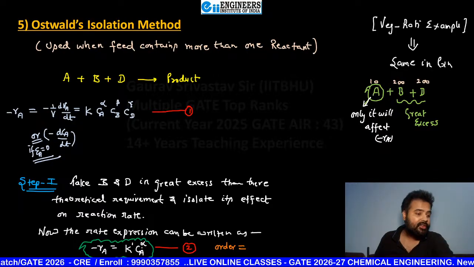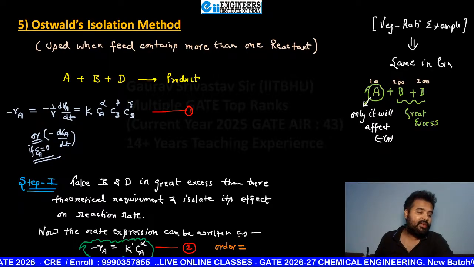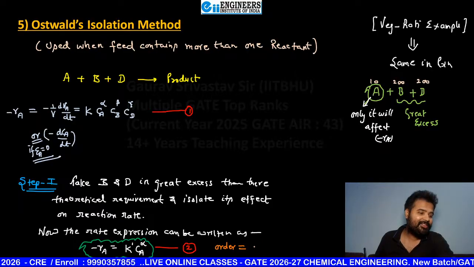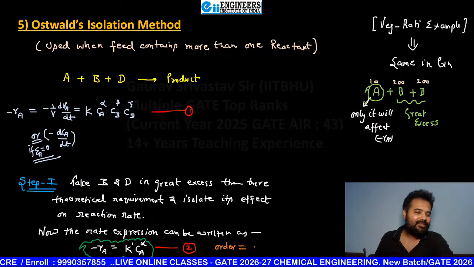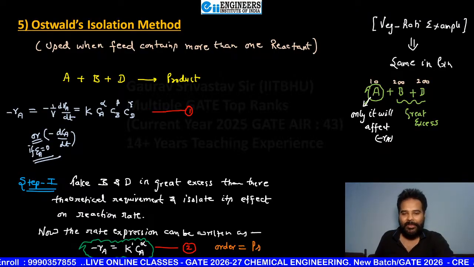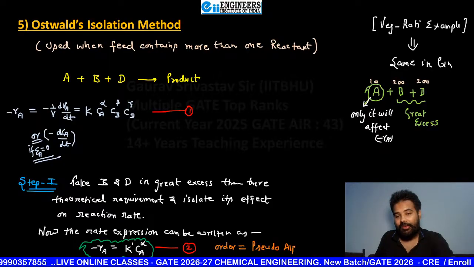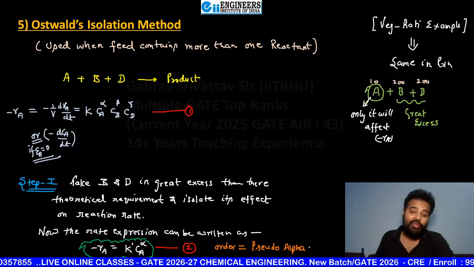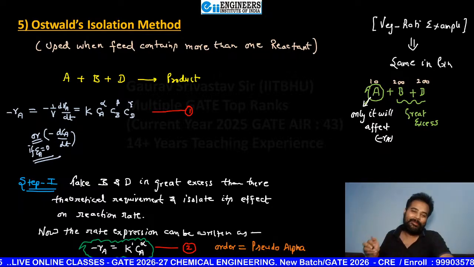But this time the order is alpha. It's not alpha plus beta; this time the order is pseudo alpha. If someone asks you, please tell them it's pseudo alpha, because the order is not truly alpha, but you are feeling like the order is alpha. Okay.